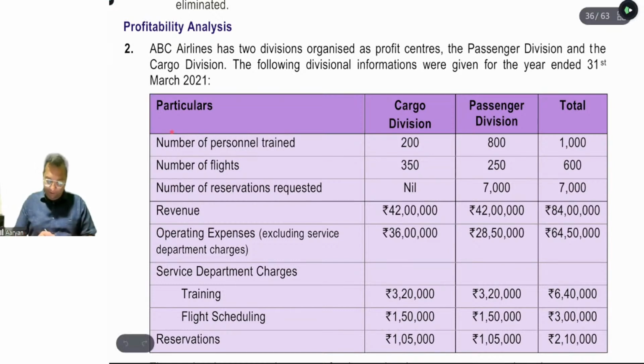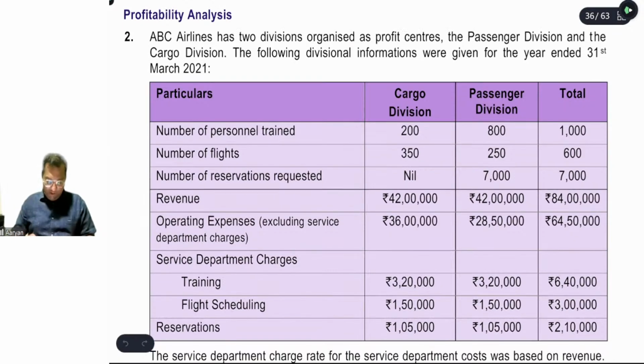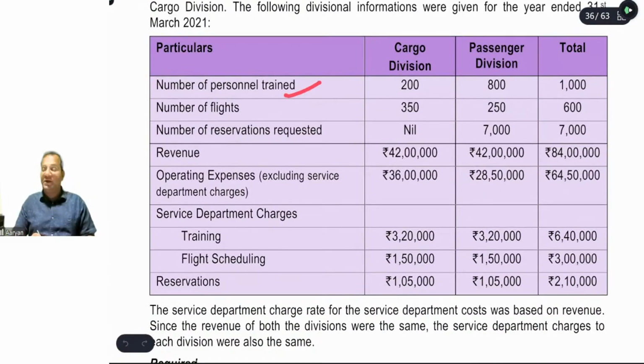Okay. So particulars: Division 1 cargo department, Division 2 passenger department, and the total is given. Number of personnel trained 200, 800. Number of flights 350, 250. Number of reservation requested. In the cargo department, there is no reservation requested. In passenger department, 7,000 reservation requested.